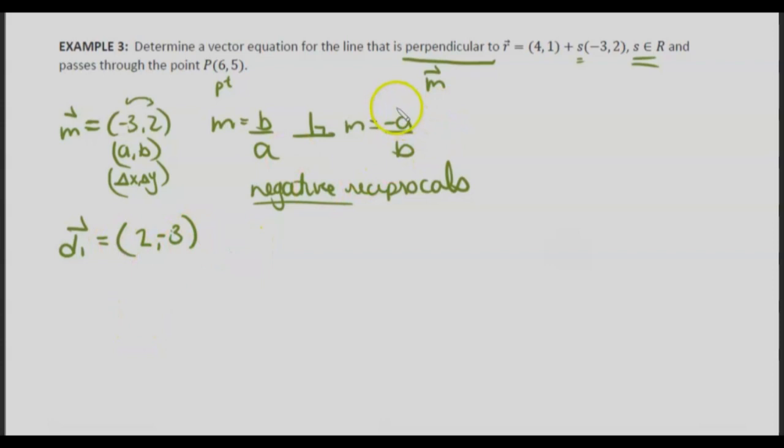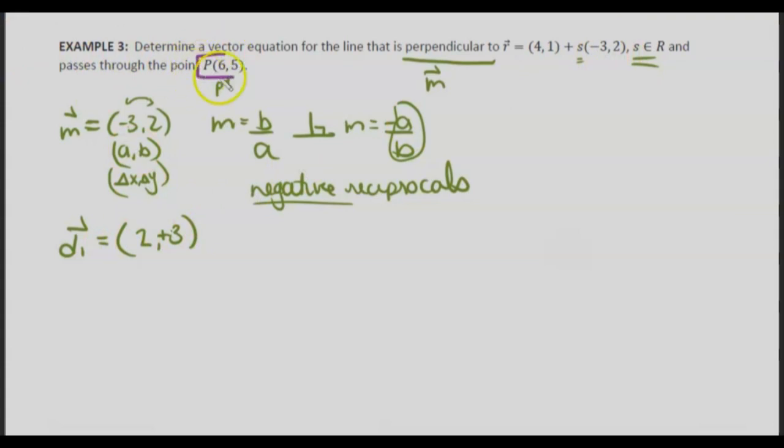Remember, the negative is on the entire number. So all we have to do is switch one of these signs. So let's go positive 3. So our direction vector that's perpendicular to this vector equation is (2, 3).